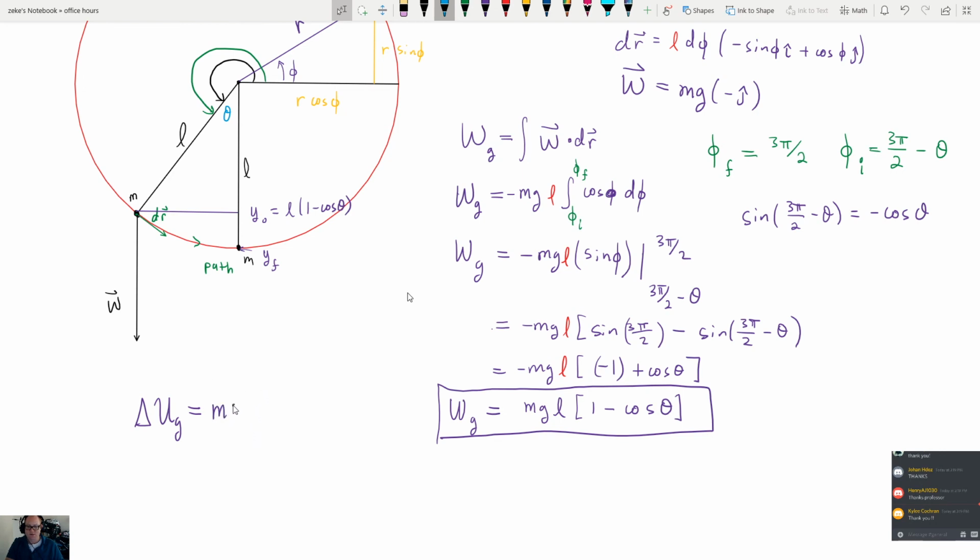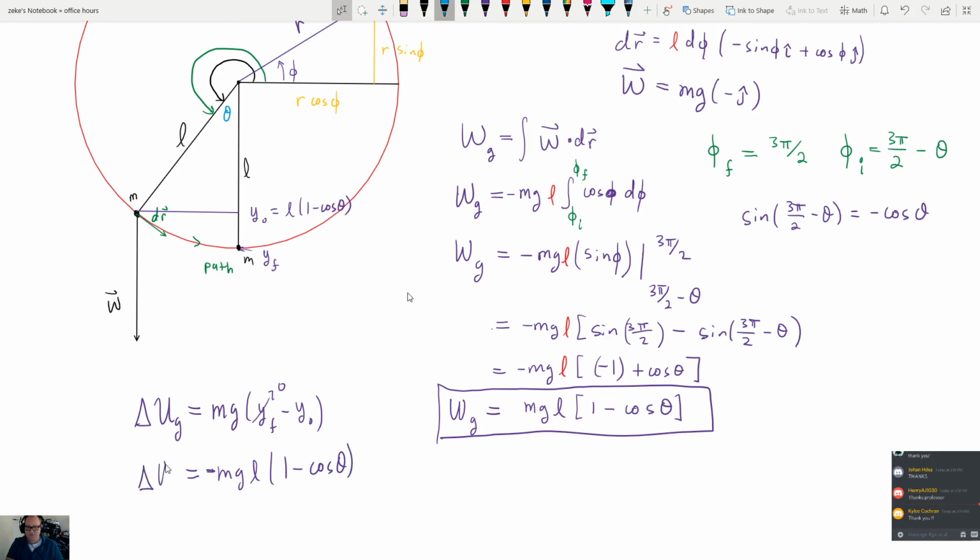And since the change of potential energy is mg times y final minus y initial, putting all of that together, this piece is 0. Plugging in L minus L cos theta into here, you get m times g times L times 1 minus cos theta. But there's a negative sign here, and that shows up right here.